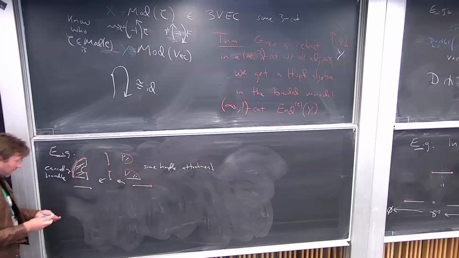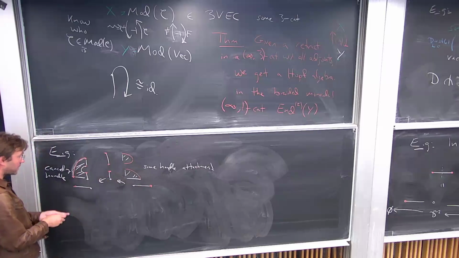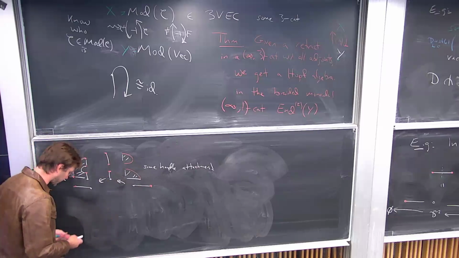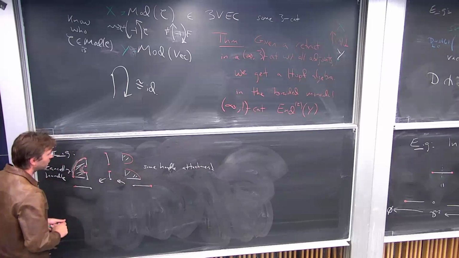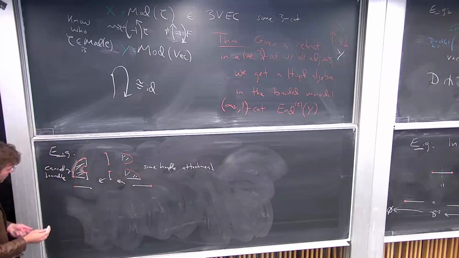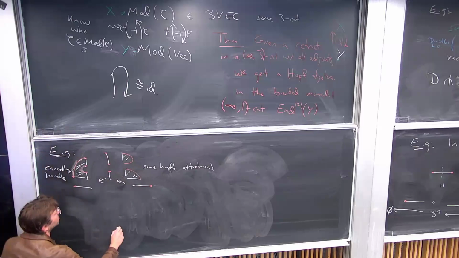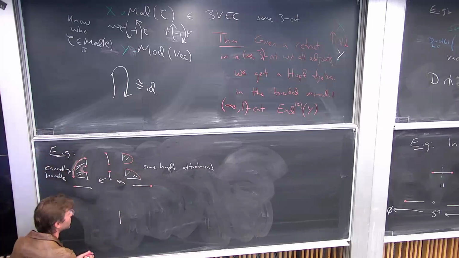Well, why is this a retract? The reason these two handles cancel is because you could take, let's see, I need to give you something that cancels the two handles.